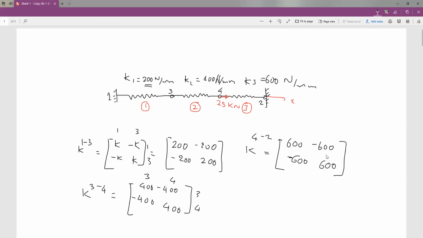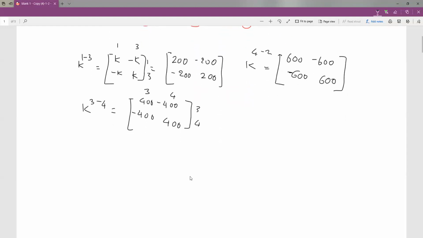Now, using the direct stiffness method, we have to add all three members' stiffness matrices. So the total stiffness matrix will be K is equal to K13 plus K34 plus K42.